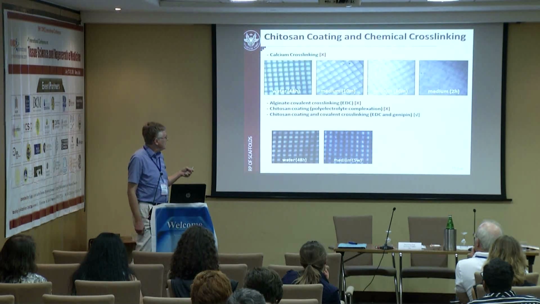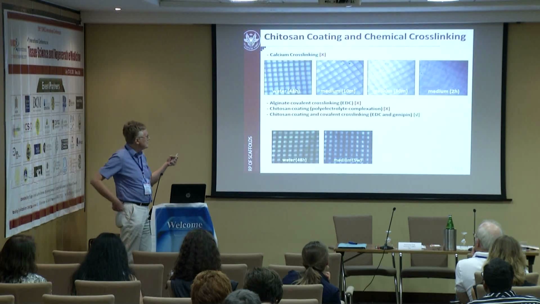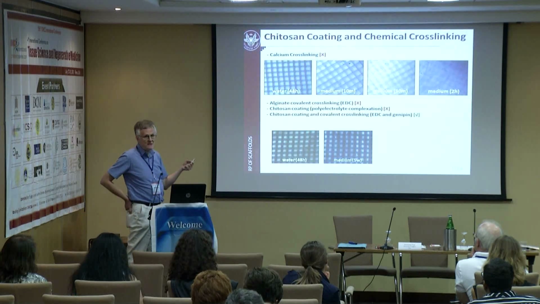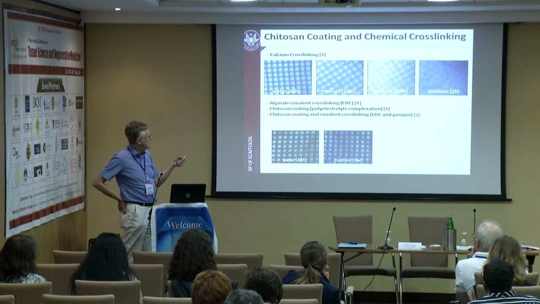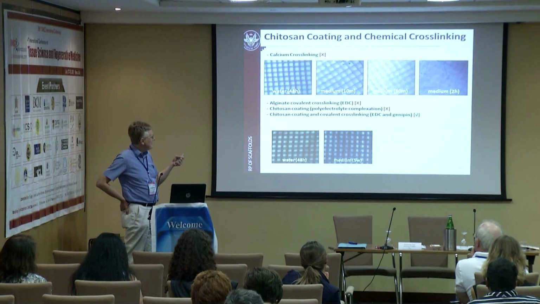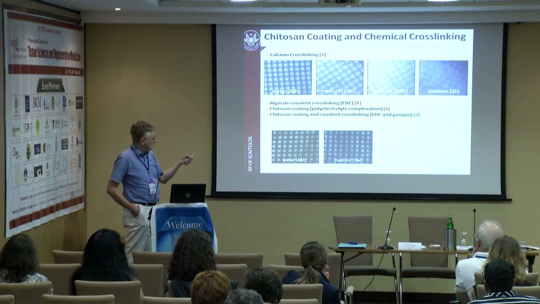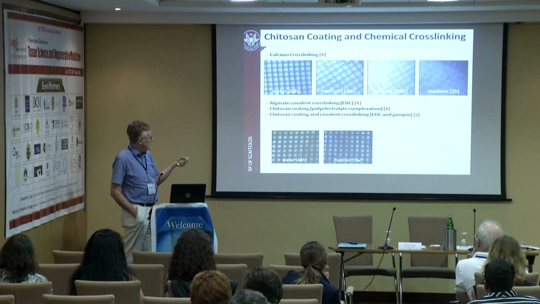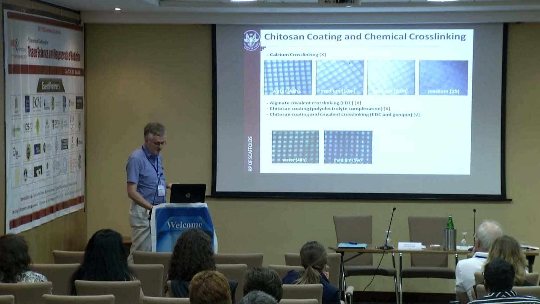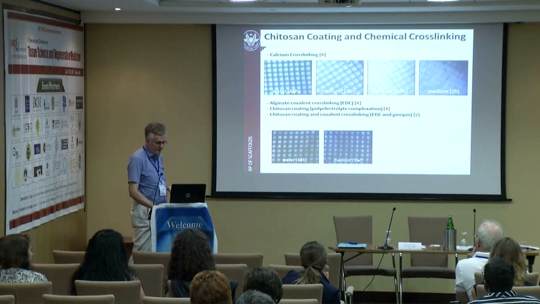So what we did was to coat the scaffold with chitosan in order to form a polyelectrolyte complex. And then the scaffolds were covalently cross-linked with the EDC and the genipin. Such treatment preserved the scaffold in cell culture medium for a long period of time.